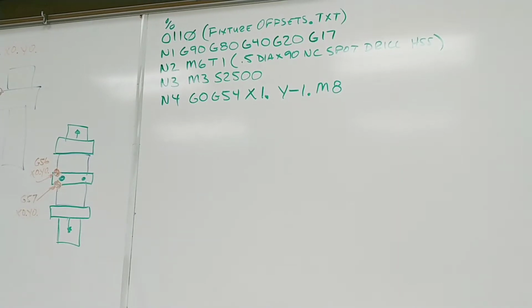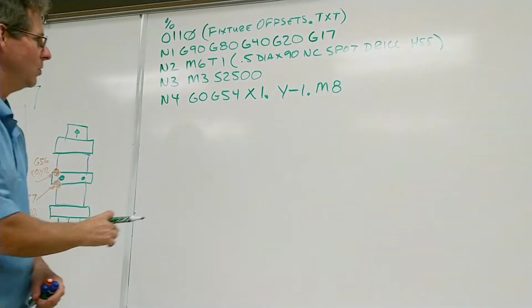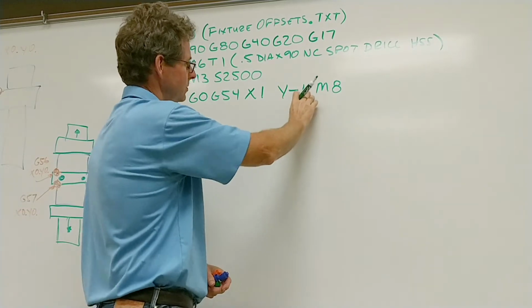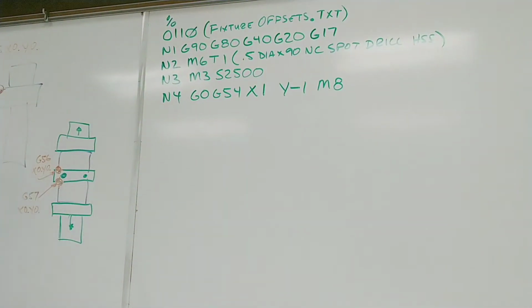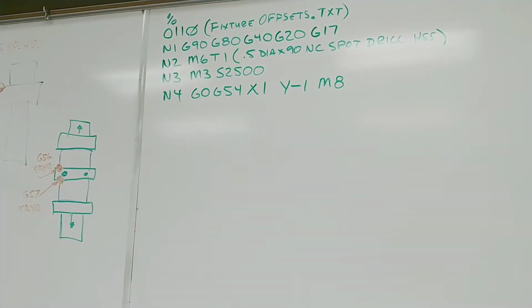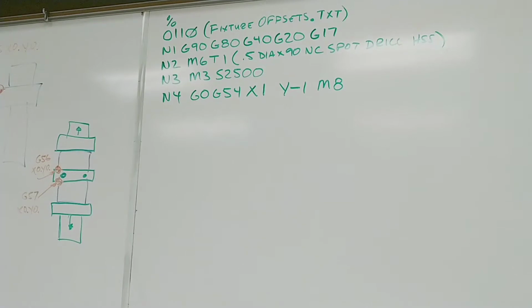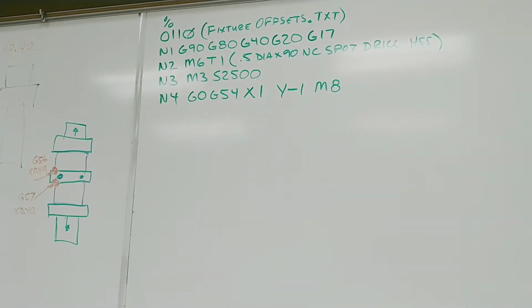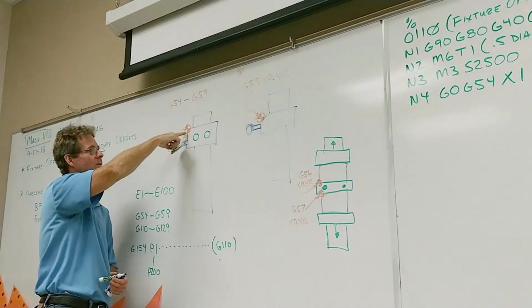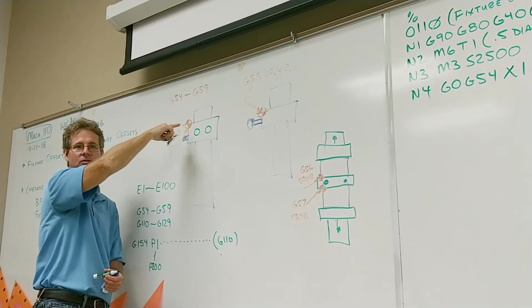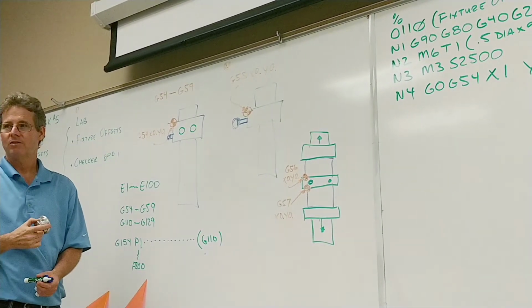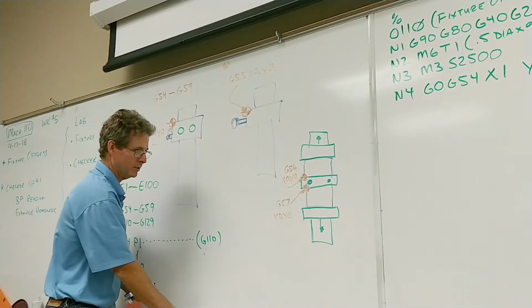Decimal points are very important because if I'm going to spot drill a hole, where am I spot drilling my hole now? There. You want to spot drill a hole right there? Do I have a hole drawn right there? No, I got the little axis indicator where 0 is. Remember how the FANUC machines interpret?